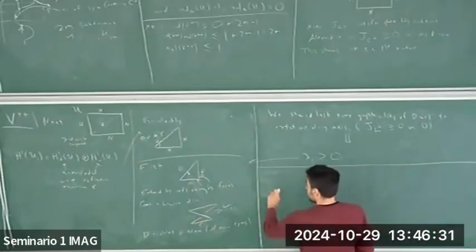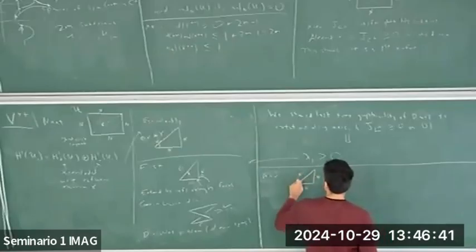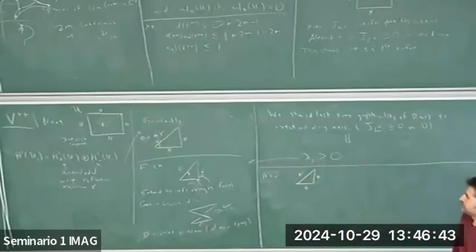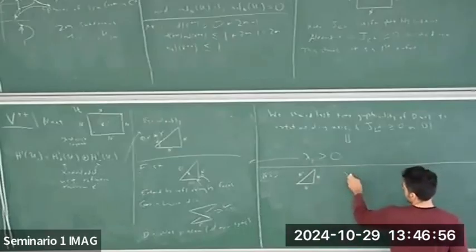Okay, and now we want to look at the Neumann problem. All right, so we know that the first eigenvalue will be negative, with the Neumann condition on all of these.